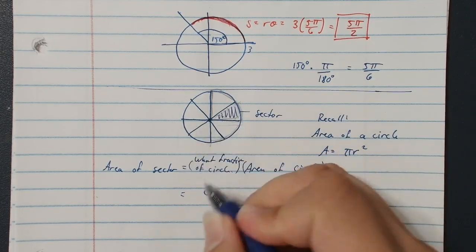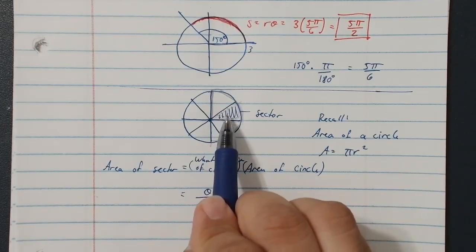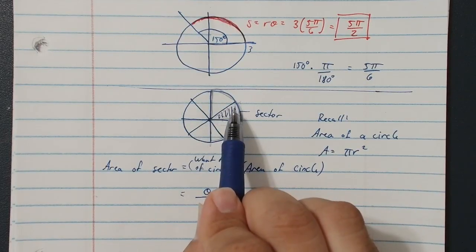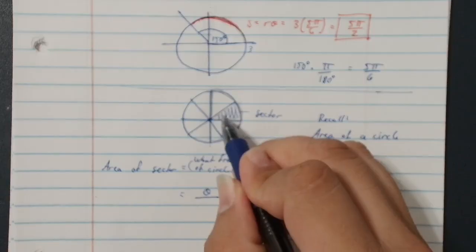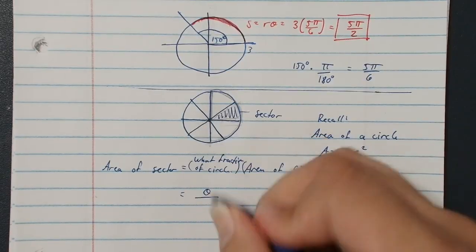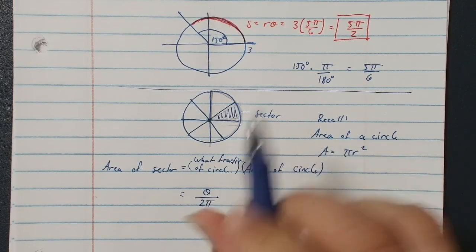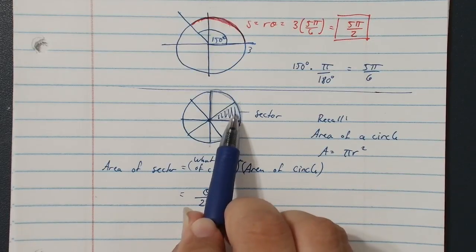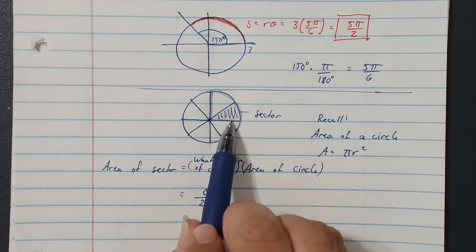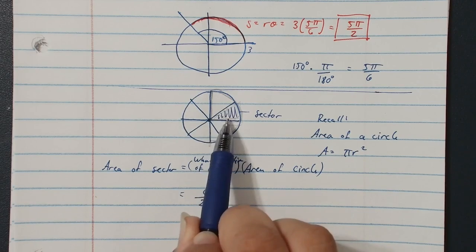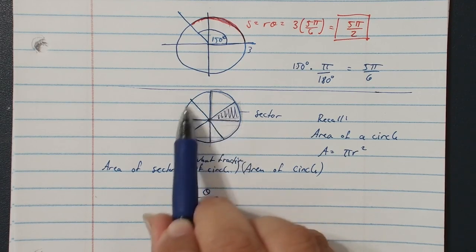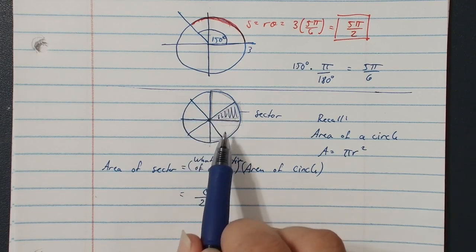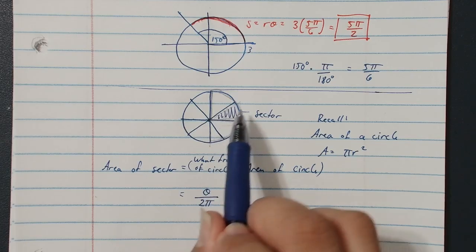That's theta, divided by the total possible measure all the way around. In radians, the total distance around a circle is 2 pi radians. So if, for example, the angle that I'm measuring out is pi, if I take pi divided by 2 pi, the pi's cancel out, and I just get 1/2, which is correct.